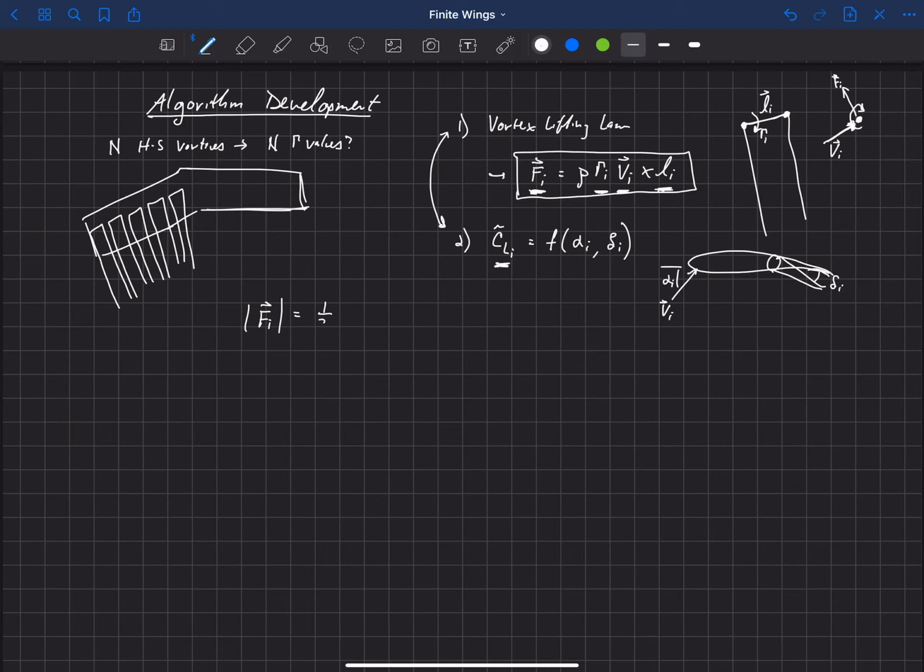So that's going to be 1/2 rho times V. Now, let me just put V infinity here for just a second. I'm going to come back to that in a second. 1/2 rho V infinity squared times the lift coefficient I, which is a function of alpha I and delta I.